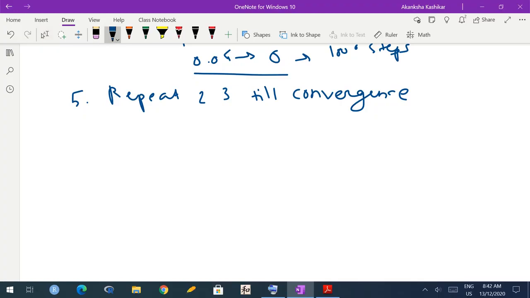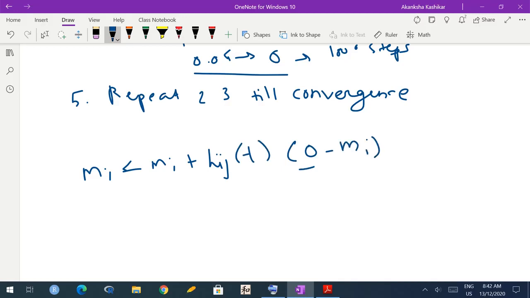So you may write m_i as m_i plus h_ij(t) times (o minus m_i). T is of course time. h_ij is dependent on the distance between the ith and jth cluster.